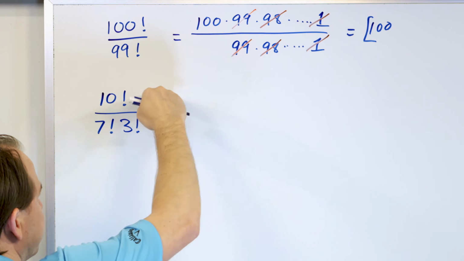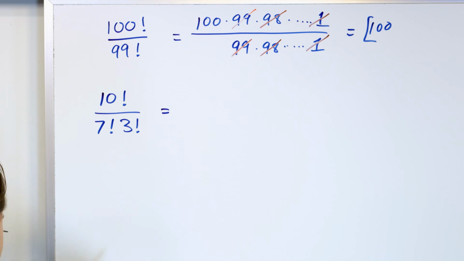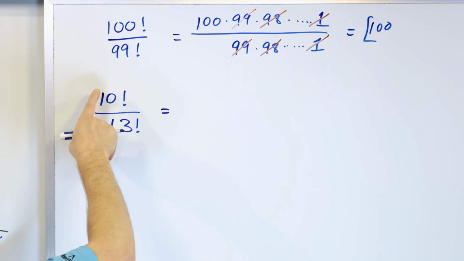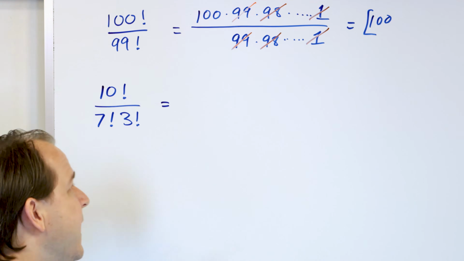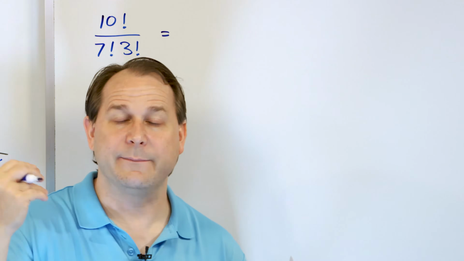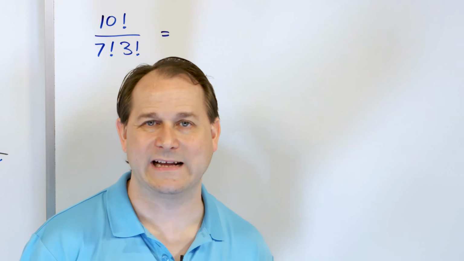So of course I can multiply it all out, but I know from experience that on the top, 10 factorial will be 10 times 9 times 8, 7, 6, 5, 4, 3, 2, 1. And on the bottom, it's just going to be 7 times 6, 5, 4, 3, 2, 1. So I know that everything 7 and lower is going to cancel.